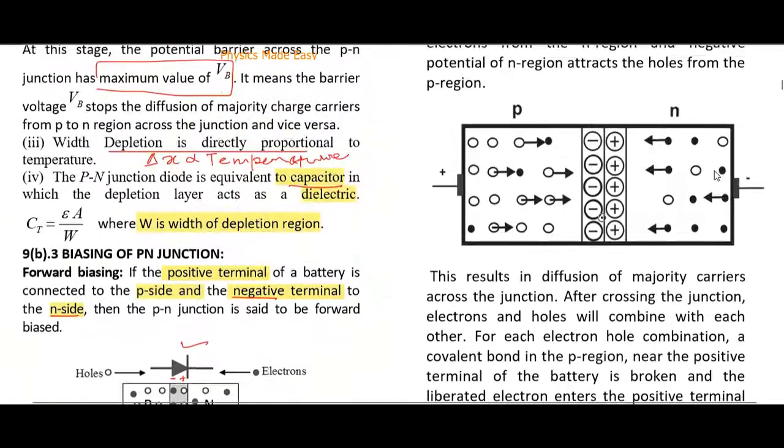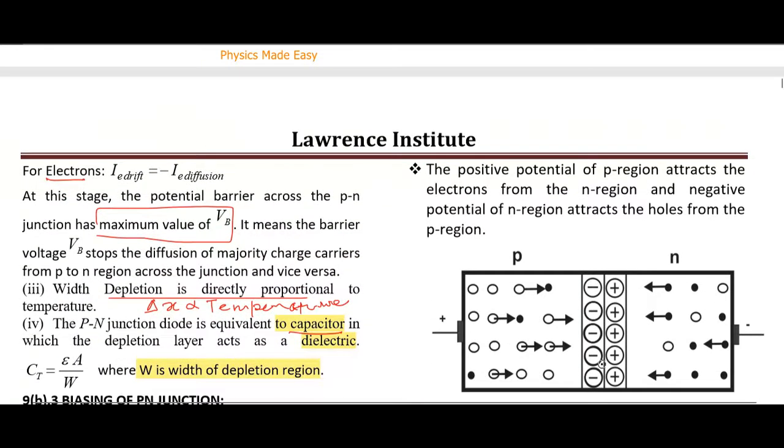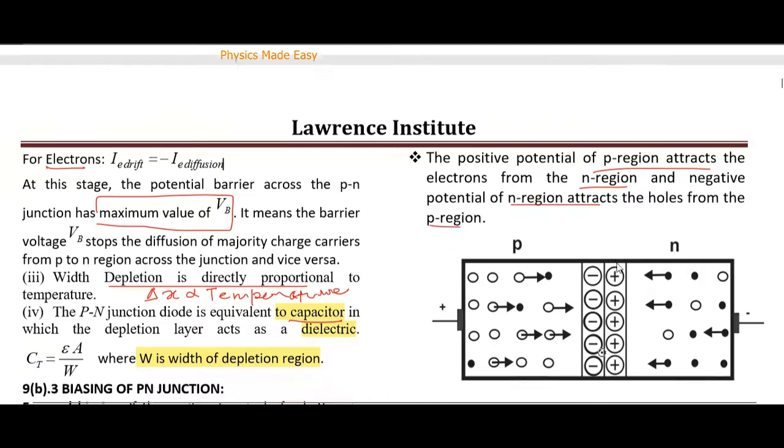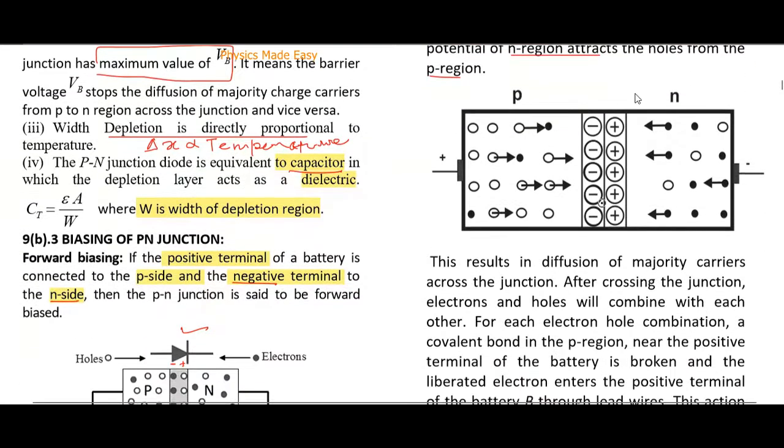And now, the positive potential of P region attracts the electrons from N region, and negative potential of N region attracts the holes from P region, like this. So this is P and N. So here we have got electrons, very few electrons.